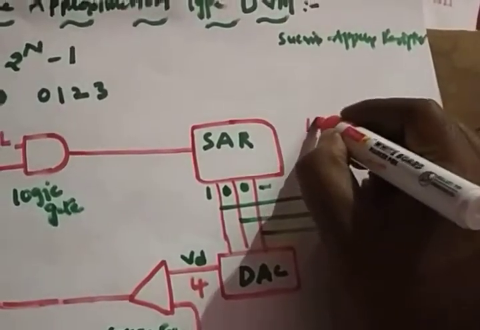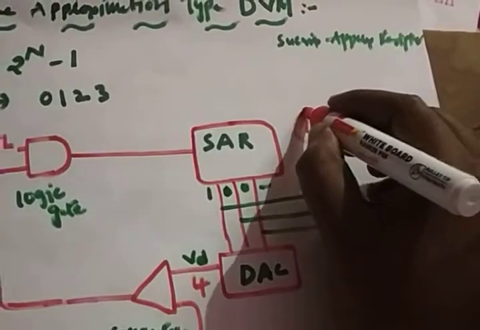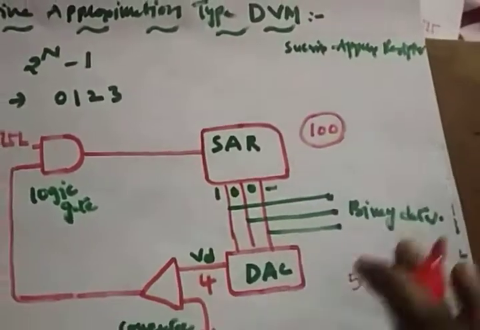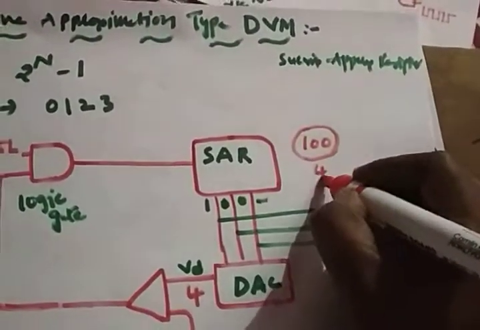The SAR will set 1 0 0, and its value is 4. Vin is 5, which is greater than 4. Is it true or not? Definitely true.